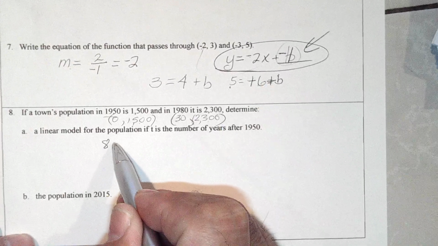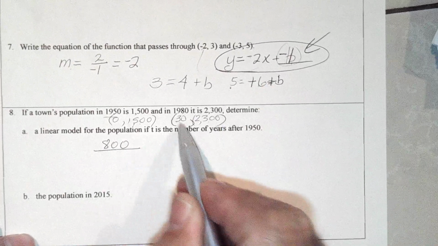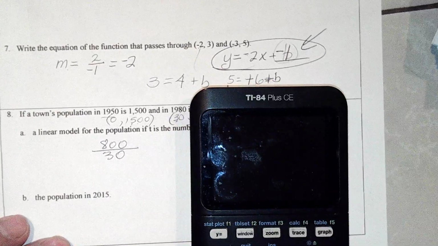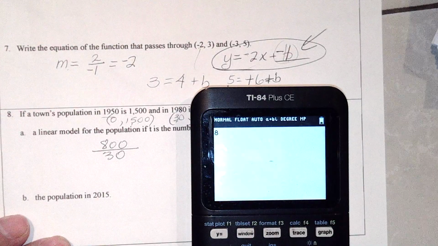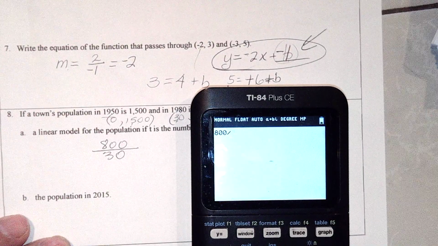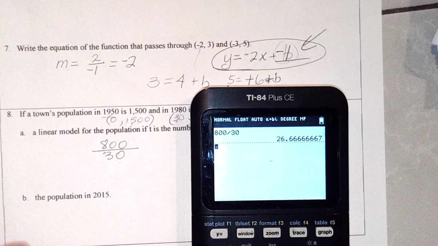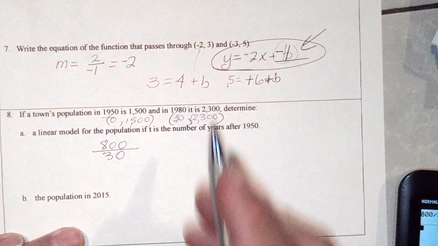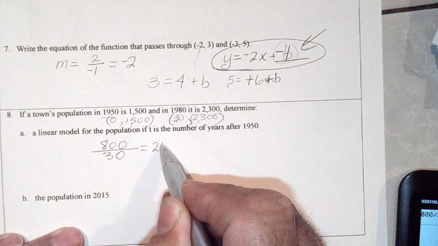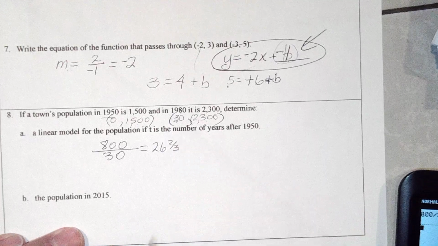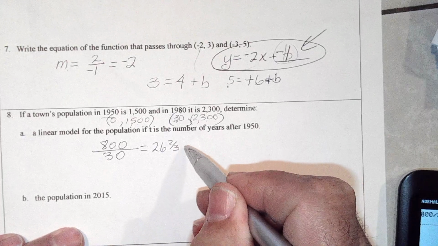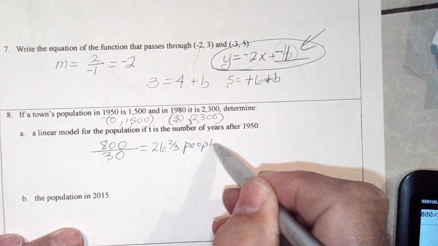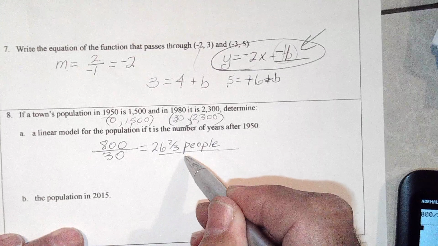That's 800 more people over 30 years. So 800 divided by 30 is a little over 26 people, 26 and 2/3 people, or 26.66 more people. It's plus, so it's more people per year.